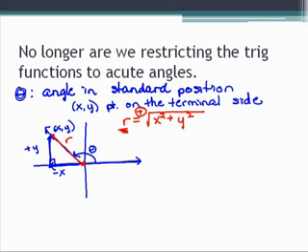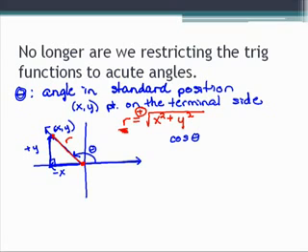So if I set up then, let's go back to blue. Let's say that I'm looking at angle theta, and I want to find the cosine of that angle. Well, what we do then is we look at the little triangle here that we have built. I'm going to use the triangle that I have positioned in that second quadrant.